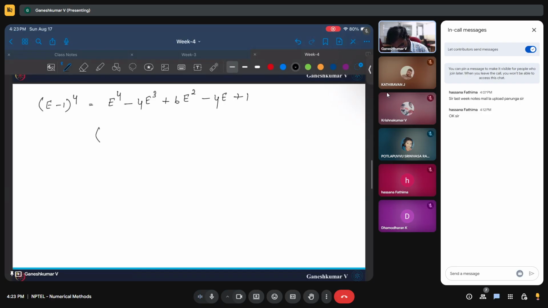So what did we start with? We started with (e − 1)^4 y0 equal to 0, right? So if I substitute it here, this is going to be (e^4 − 4e^3 + 6e^2 − 4e + 1) y0 equal to 0.